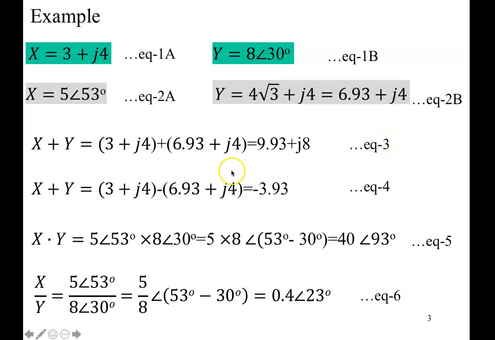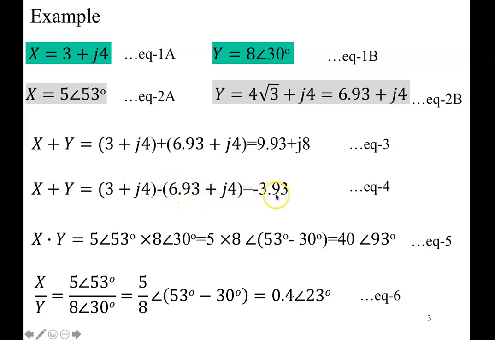If I want to subtract, again, you subtract this number by this number. But this needs to be in the rectangular form. So you convert that into rectangular form, which is the equation number 4. So this should be minus. So x minus y equals to 3 plus j4 minus 6.93 plus j4.